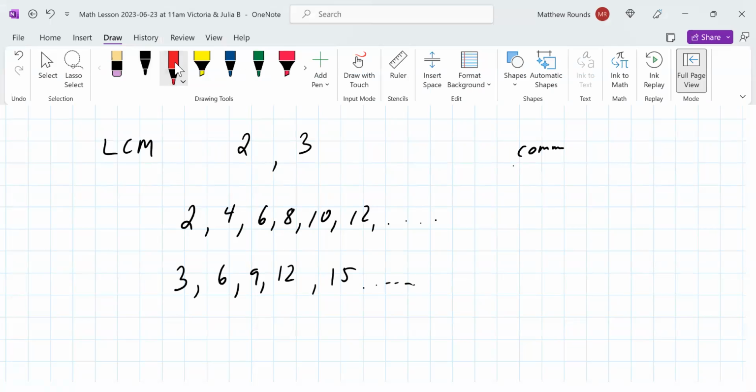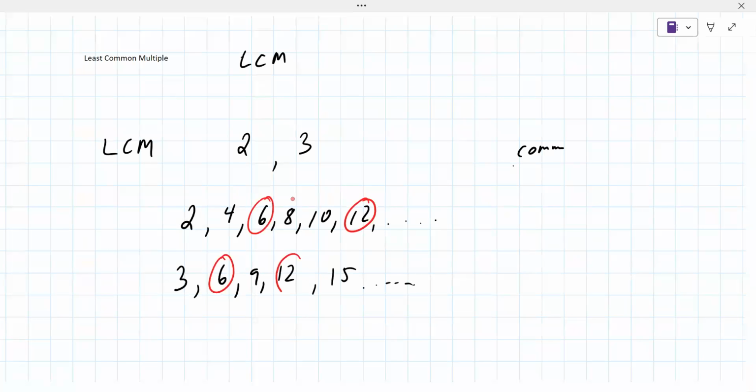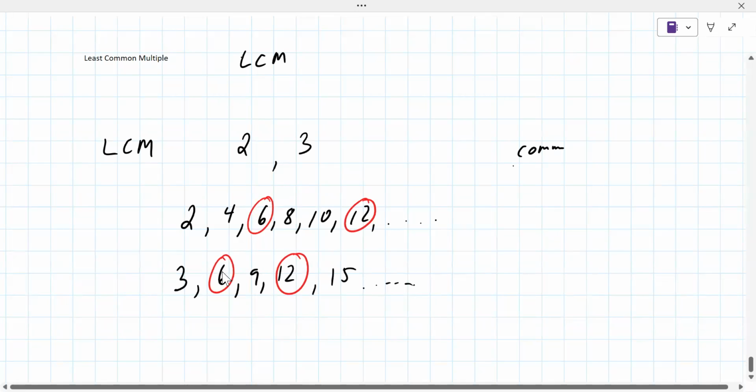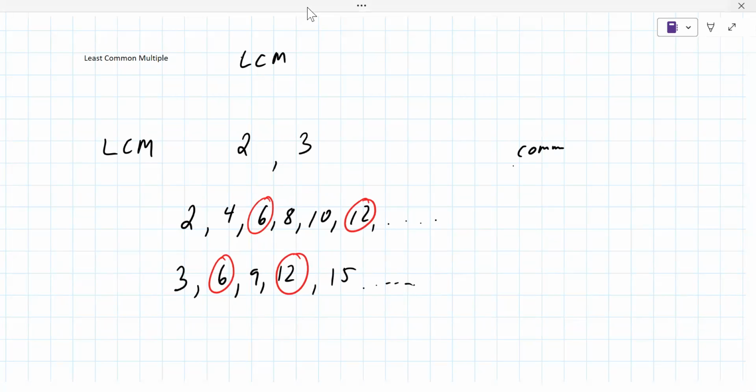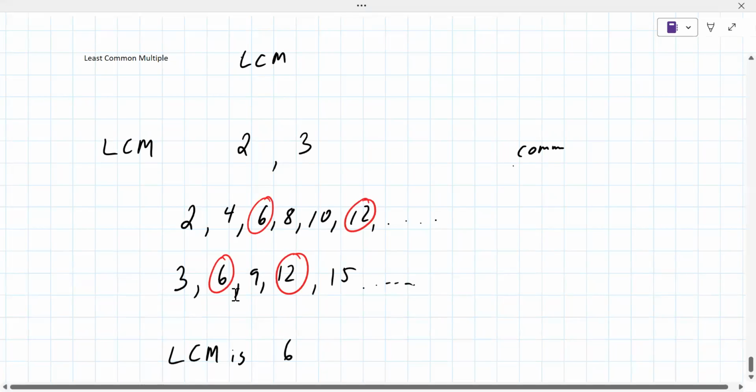Do you see how the 6 and the 6 are the same and the 12 and the 12 are the same? Which is the least? 6. So your least common multiple here is 6, because 12 is a multiple, but it's not the least one.